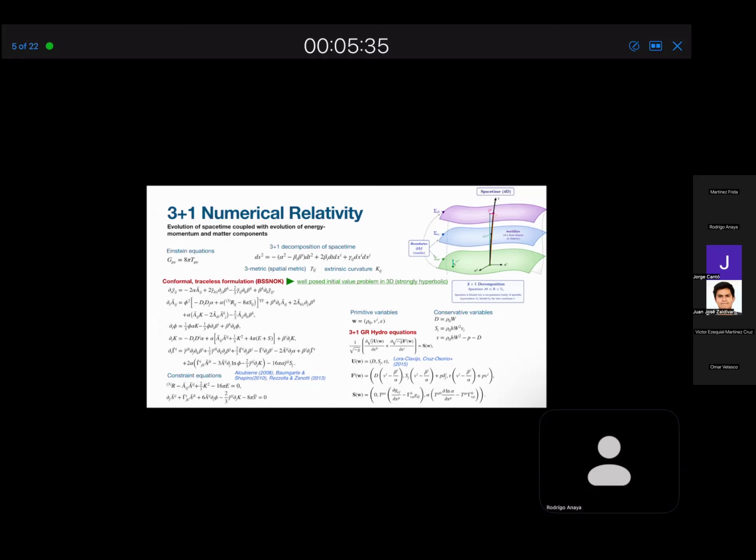For my simulations, I focus on 3D simulations. For this, I need to work in a formulation that is conformal and traceless, known as the Baumgarte-Shapiro, Shibata, Nakamura, Oohara, and Kojima formulation, where all these authors, and many more, have been working.